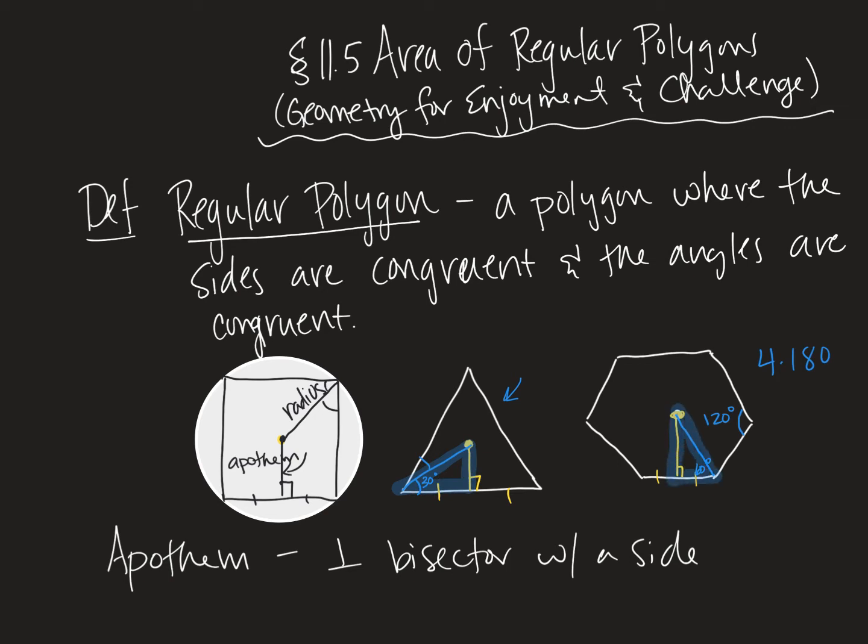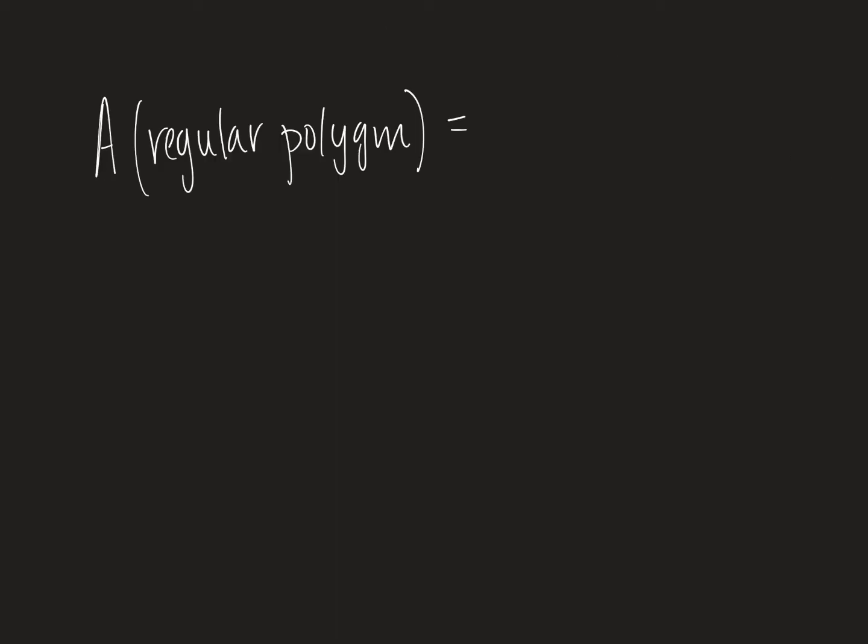So these two guys right here are really kind of special, meaning that they end up with these nice 30, 60, 90 triangles inside of them. And so they're really popular for problems with the area of regular polygons. The area of any regular polygon is given by the formula 1/2 apothem times perimeter.